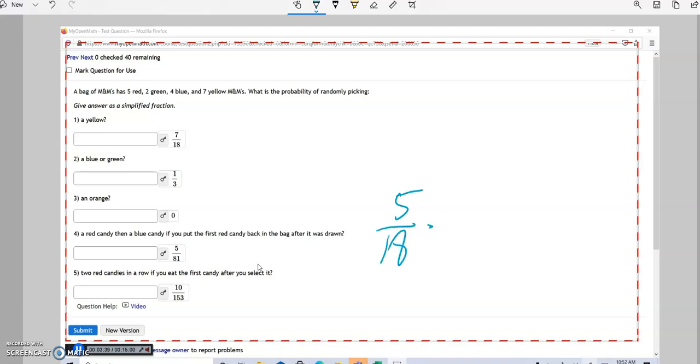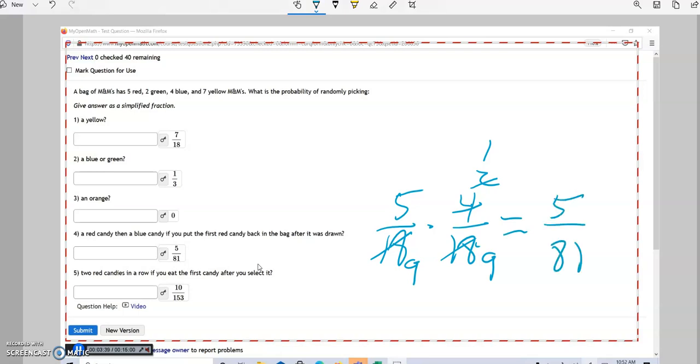And since you're putting it back in the bag, red, then a blue. Oh, how many blue? 4 blue. 4 out of 18, and you reduce that. 4 out of 18 is 2/9, so 5 out of 81.